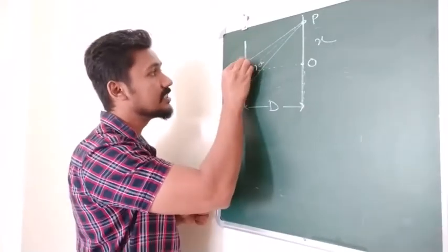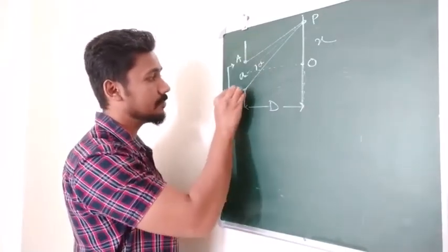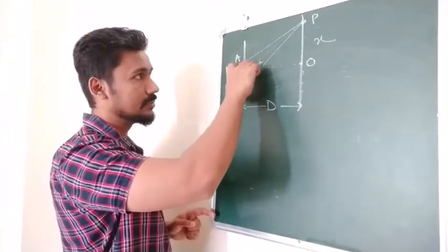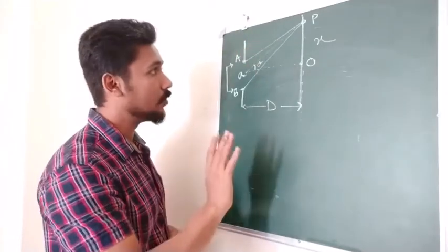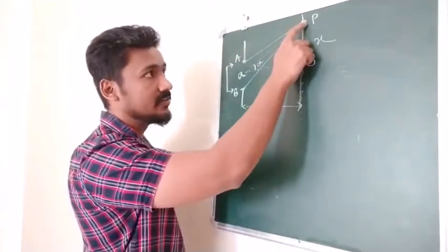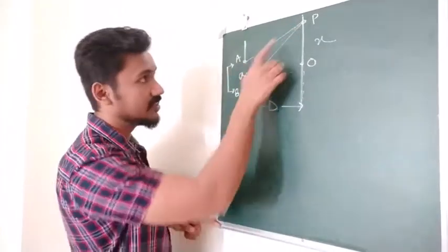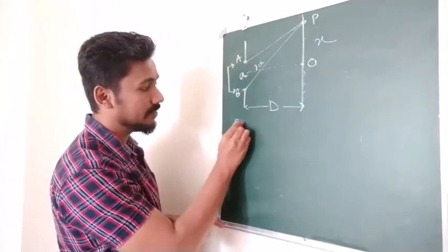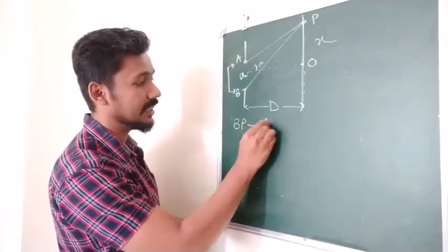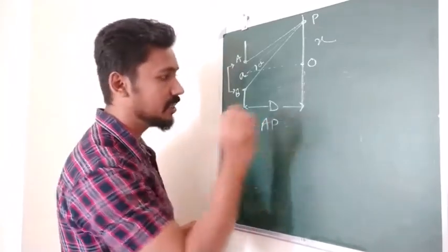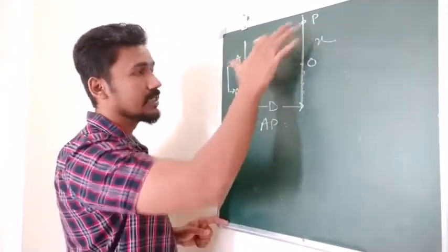Fine. Let us give this slit the names A and B, so that we can label these rays. Now, what will be the path difference at P? Path difference at P will be BP minus AP. Now, how do you find that out? A very simple way.